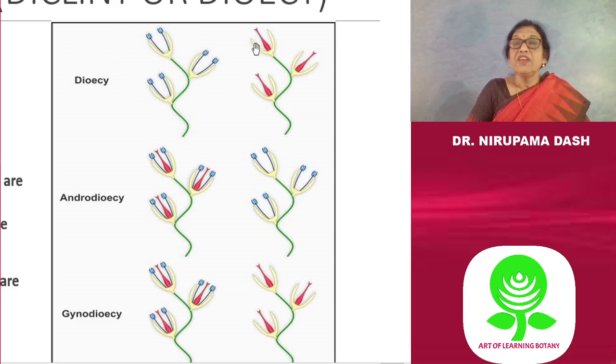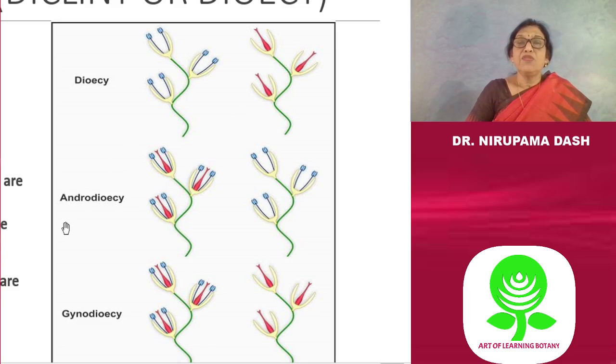In the other condition, pistils are present and stamens are absent. This is called a pistillate flower. This condition is called dioecy, otherwise known as dioecious unisexual flowers, and it is found in dates and asparagus. Similarly, another condition we find in Cucurbita is a unisexual monoecious plant.